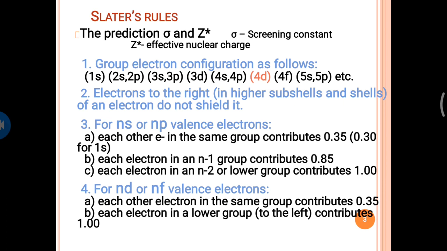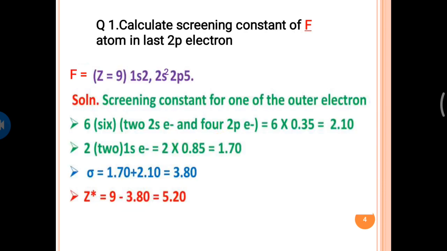Now we calculate the screening constant with a given example. Calculate the screening constant of the last 2p electron of the fluorine atom by using the Slater rule.